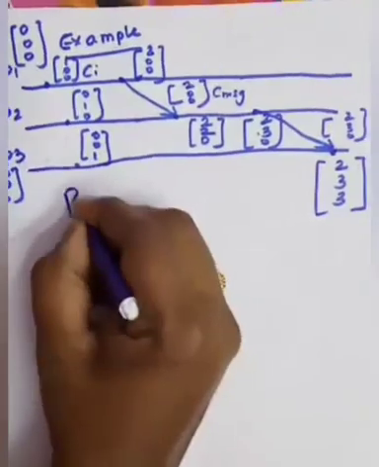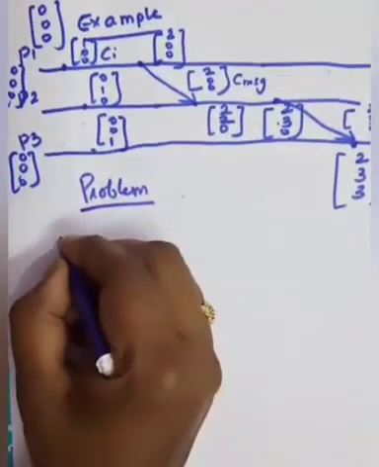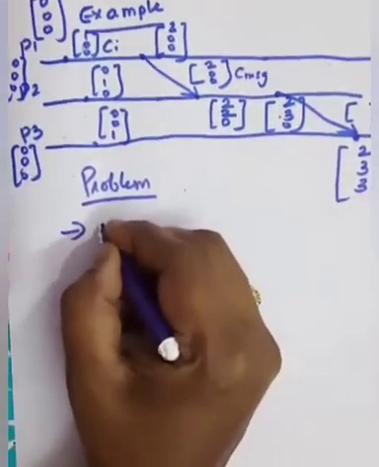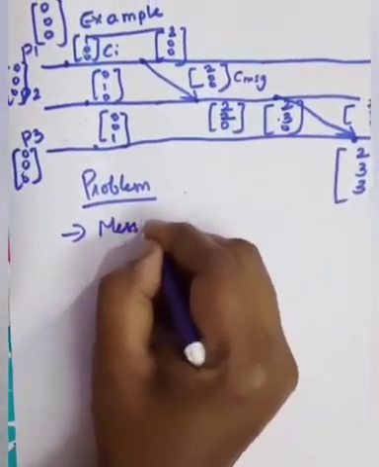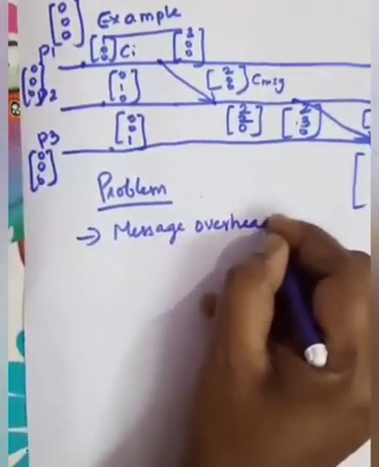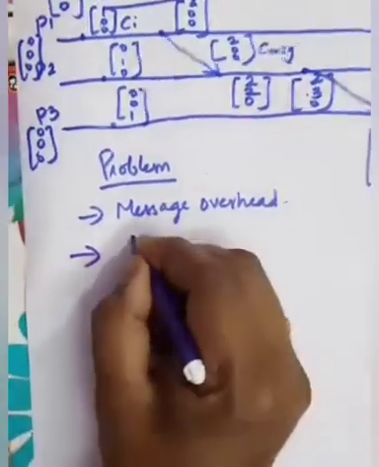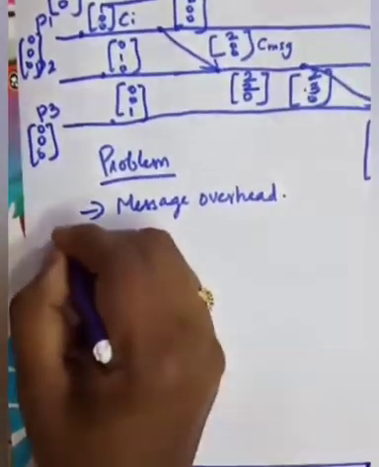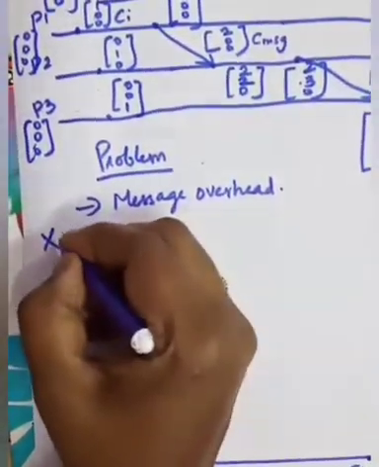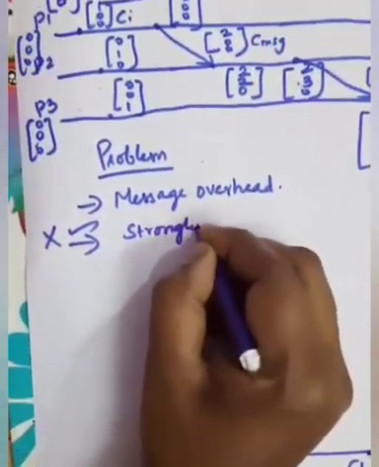The problem with the vector clock is that since a vector is used, there will be a high message overhead. When the number of processes increases, the matrix size increases, causing a message overhead. However, it is strongly consistent, which is an advantage.